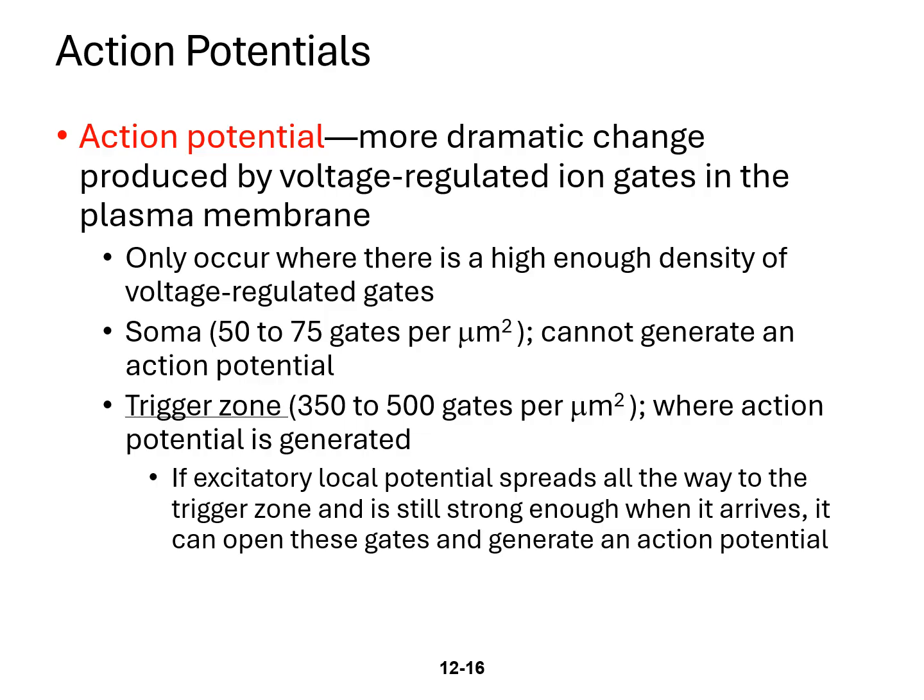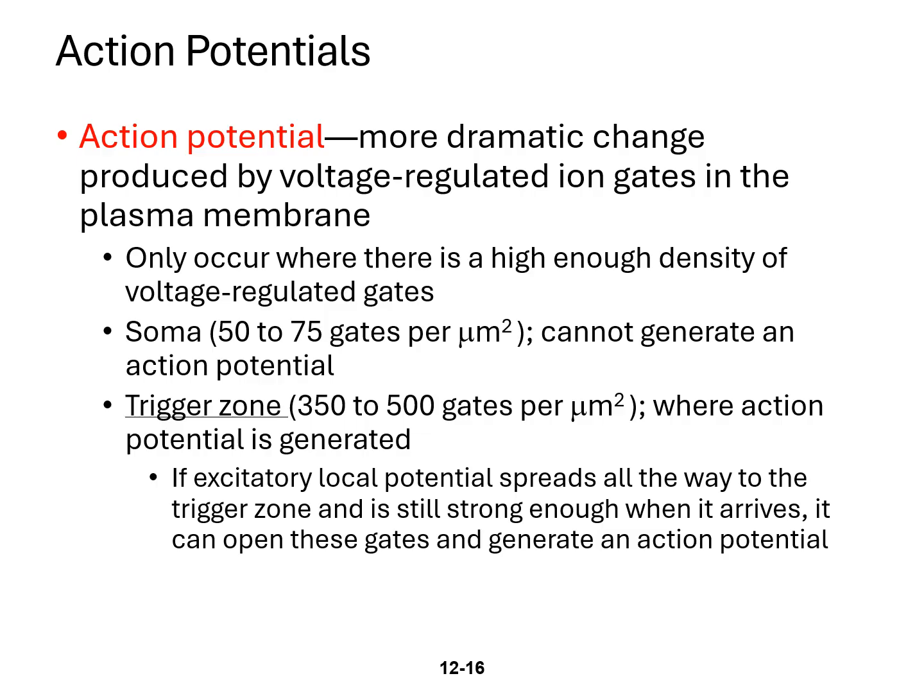The more dramatic change produced by voltage-regulated ion gates in the plasma membrane, the more potential you have for that to reach the trigger zone or the axon hillock, and then that can create your action potential. It only occurs where there is a high enough density of voltage-regulated gates, which means that in the axon hillock, you have gates that are triggered by voltage.